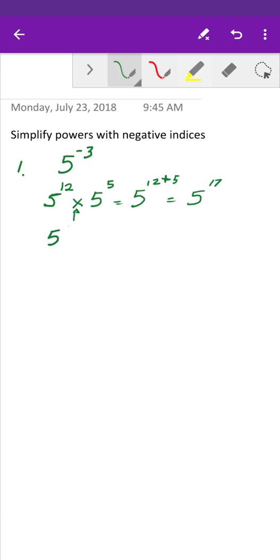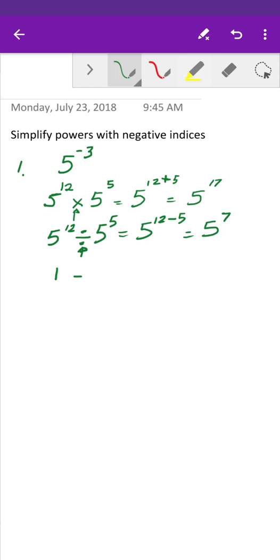But if we had 5 to the power of 12 divided by 5 to the power of 5, then that is 5 to the power of 12 subtract 5. And this subtract is indicative of a divide, and that is 5 to the power of 7.